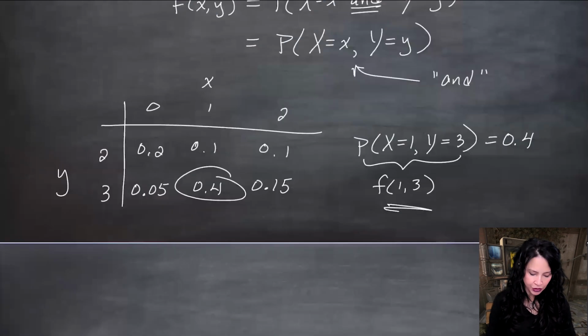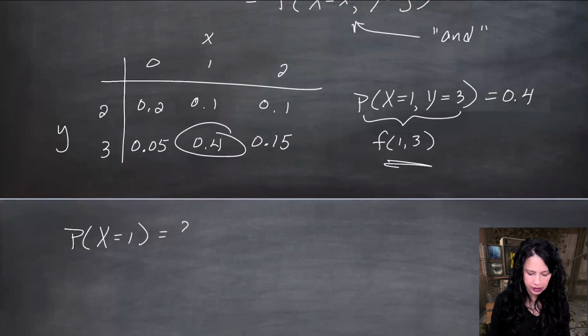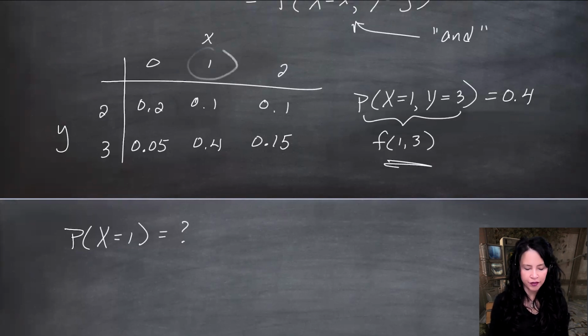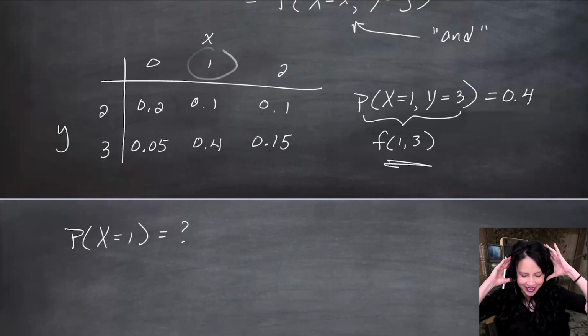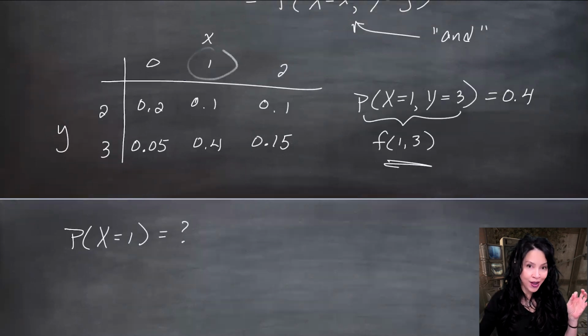So what if I asked you, what is the probability that x equals 1, and I don't care what y is? In this case, you're going to have to look at the 1 column for x and say to yourself, x is 1 when you get the pair (x, y) being (1, 2) or (1, 3).